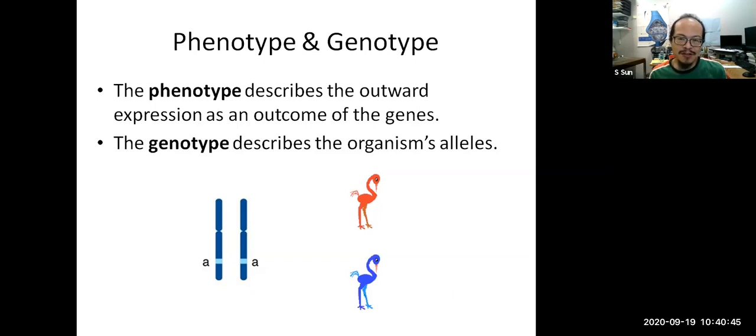You have a tall or short length gene from Dad and a length gene from Mom. So you have two copies of the same gene.